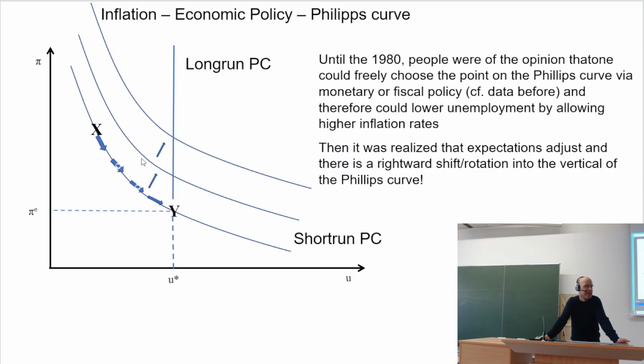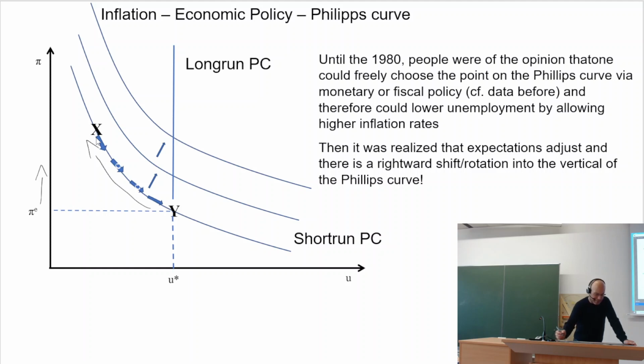Then we have some inflation, maybe 2, 3, 4, 5, 6, or in the 1970s, in the developed countries, also 2-digit inflation rates of 10, 12%. But anyhow, then unemployment comes down, and we can somehow ride on the Phillips curve, so to speak, pushing inflation, and then we can move upward along the Phillips curve.